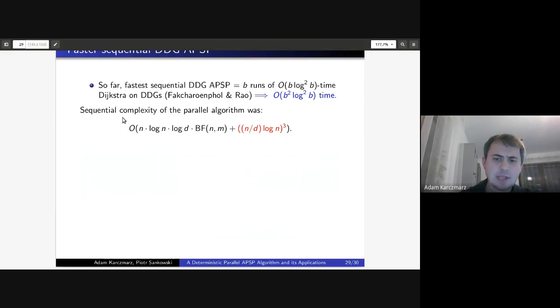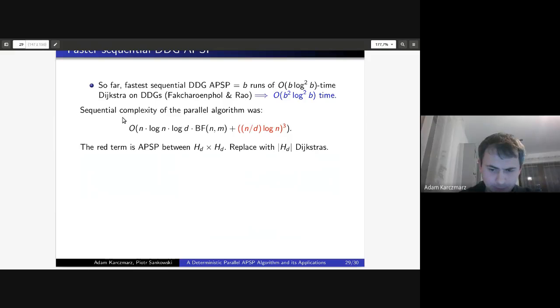For any D, we had log D lifting steps, each with cost equal to n log n times the Bellman-Ford step cost. Moreover, we run a dense APSP algorithm on the D-hub set. As a result, the running time was like this, and this red term corresponds to computing APSP between the D-hubs.